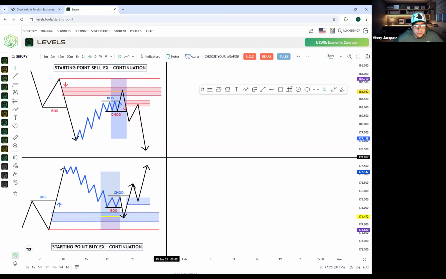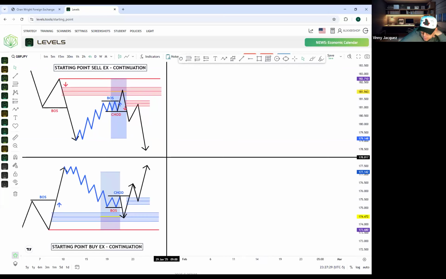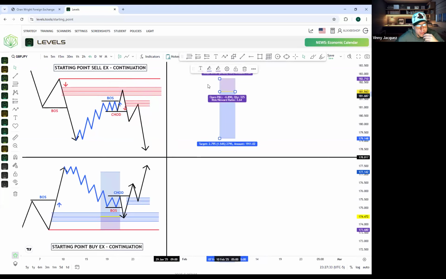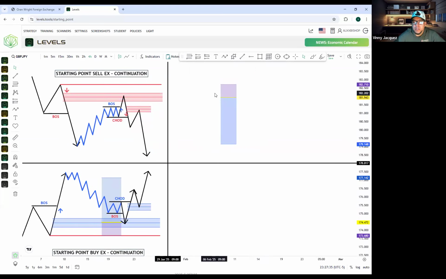Now, what is a 1 to 3 risk to reward? So a 1 to 3, Yanni, I hope I'm pronouncing your name right. A 1 to 3 risk to reward, right? Whatever I'm willing to risk, I want to gain at least 3 times that. So let's just say from this yellow line, this is my entry, to the end of this purple line, I'm willing to risk $10.